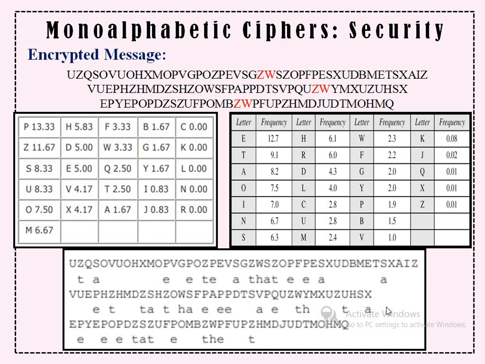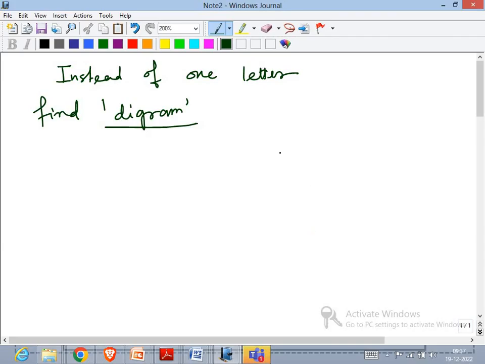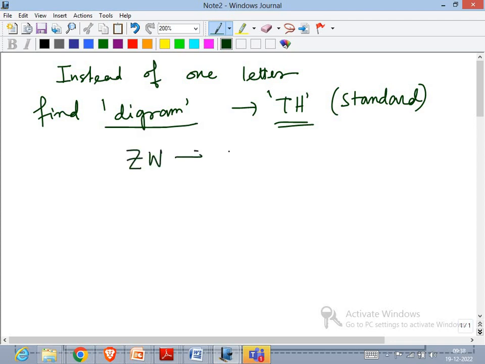Please make a note of that. This TH is a standard. So TH is the maximum appearing two-letter word in English vocabulary. So in this case, ZW is mapped to TH.